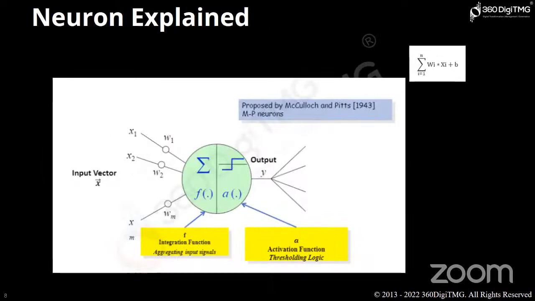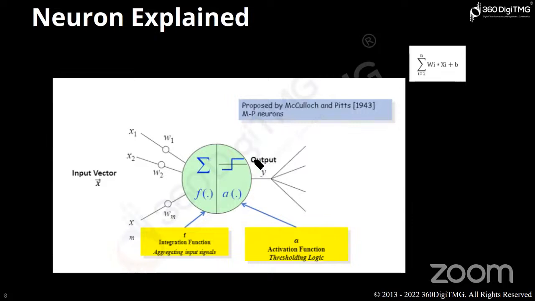So this is what a neuron looks like from inside. This is our computer neuron. We are getting some input x1, and we are giving it some weights. Here we have an integration function that is going to aggregate all these inputs into something sensible, something understandable.